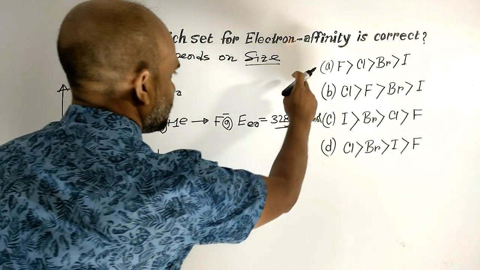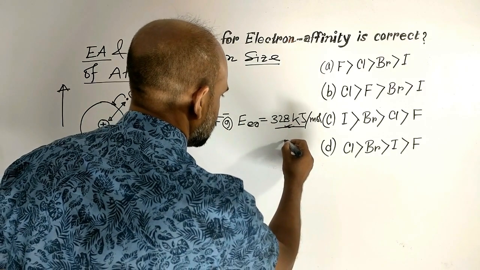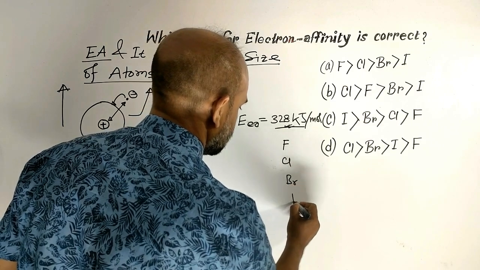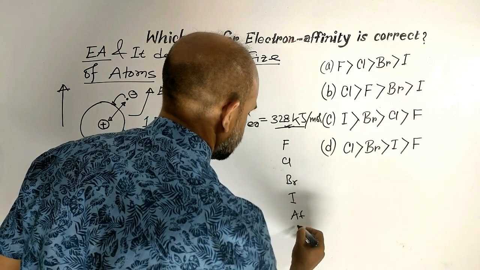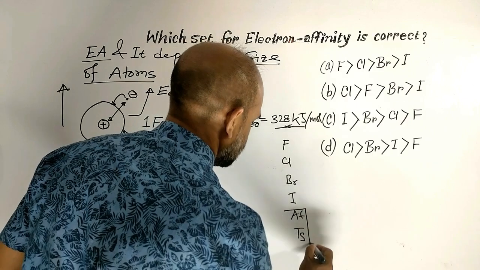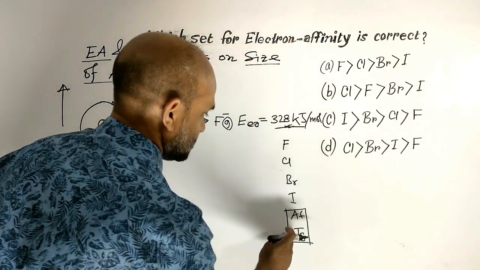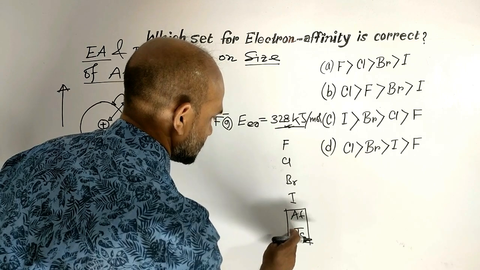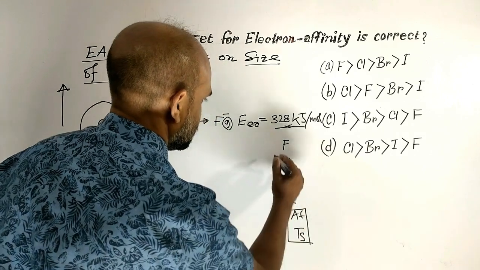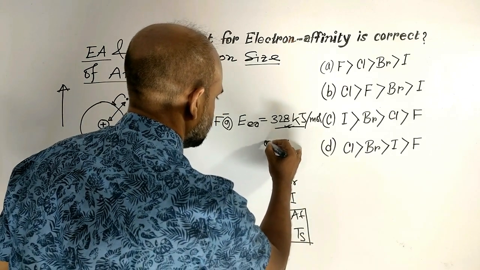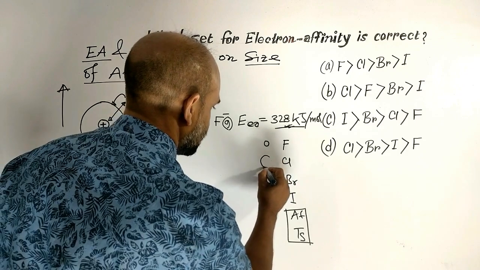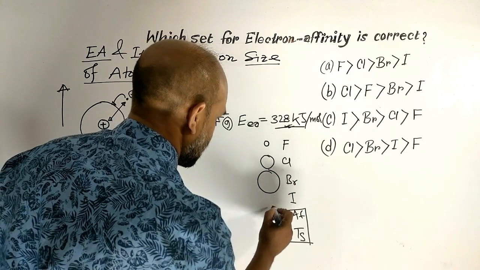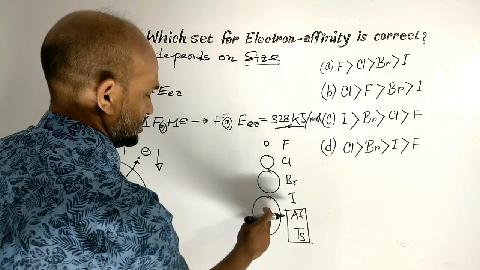Then the change of electron affinity should be like this: fluorine, chlorine, bromine, iodine, astatine, tennessine. These two are out of consideration because they are radioactive elements. Fluorine is smaller in size, chlorine a bit bigger, bromine bigger, iodine bigger still.